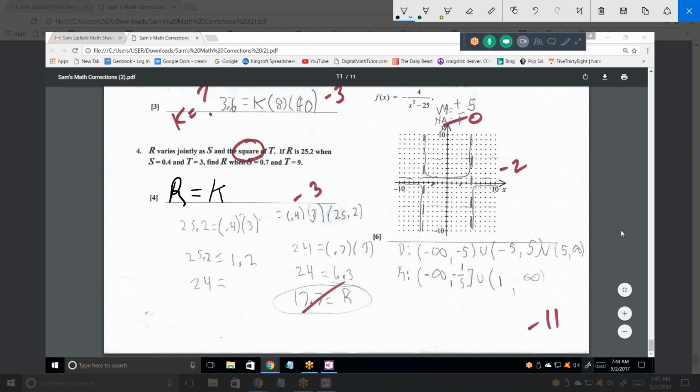So I know that this is s, and this is the square of t. So there's your general equation for this particular model. And that's where you have to start. You've got to start with the general.